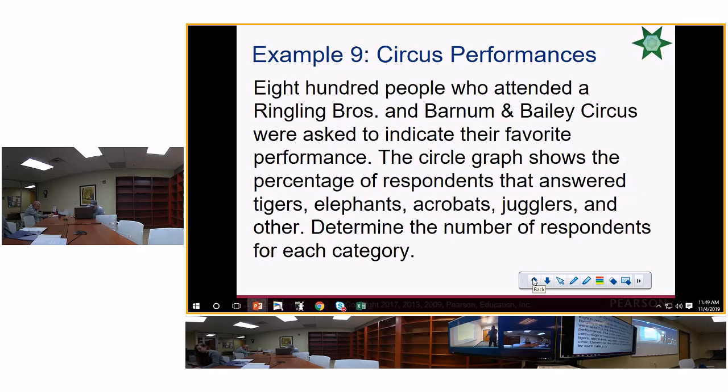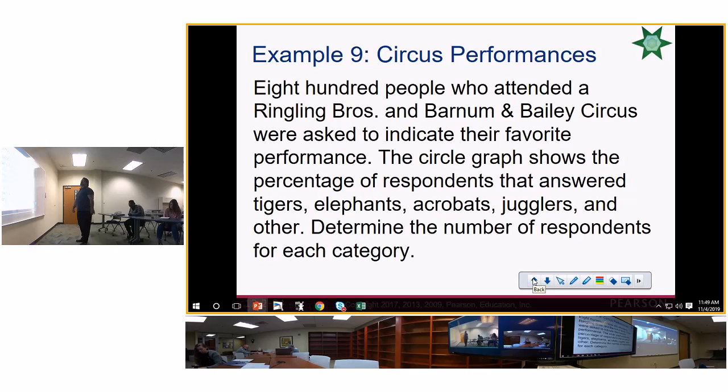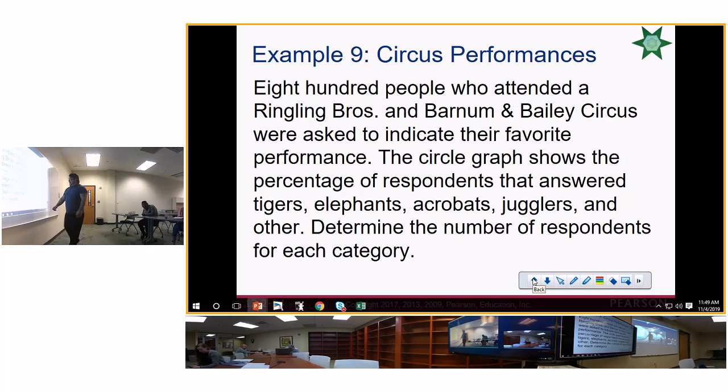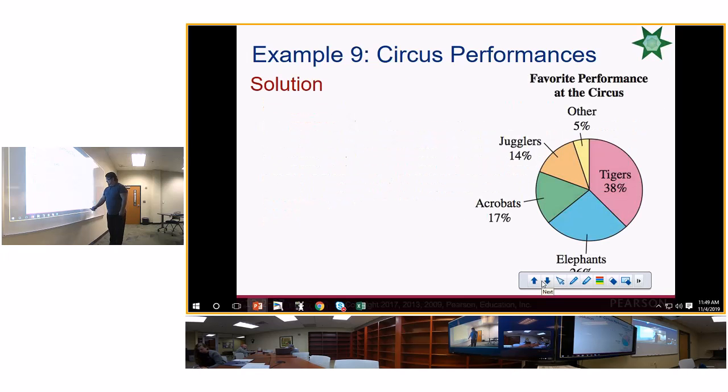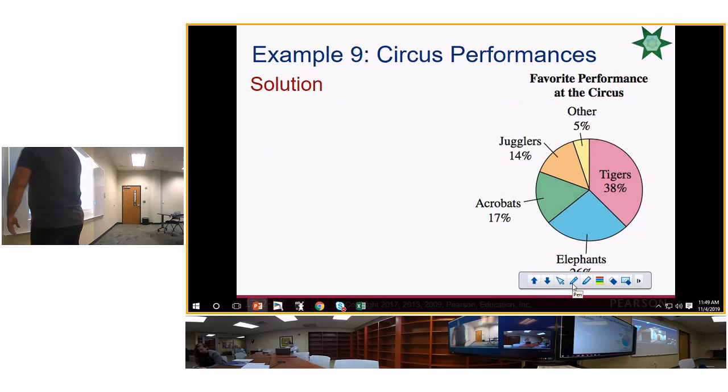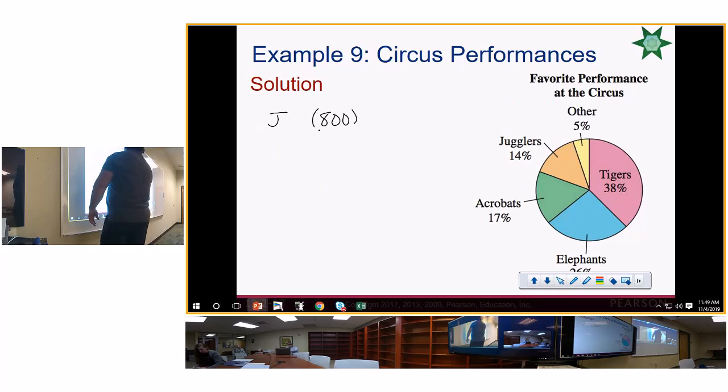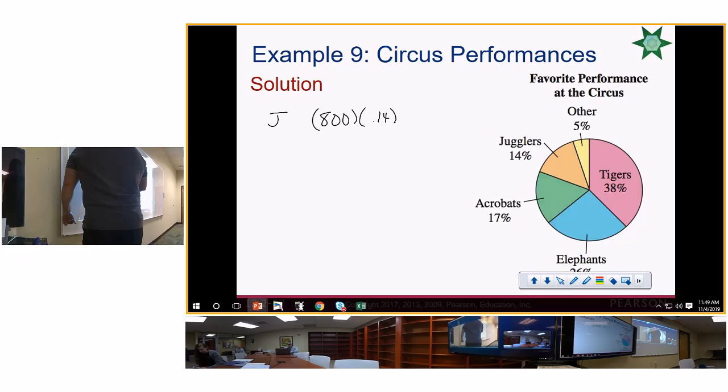Here we go. 800 people who attended a Ringling Brothers and Barnum and Bailey circus were asked to indicate their favorite performance. 800 people were asked. So, with 800 asking, how many liked jugglers? Somebody take 800 and multiply by 0.14. And then we'll do tigers.